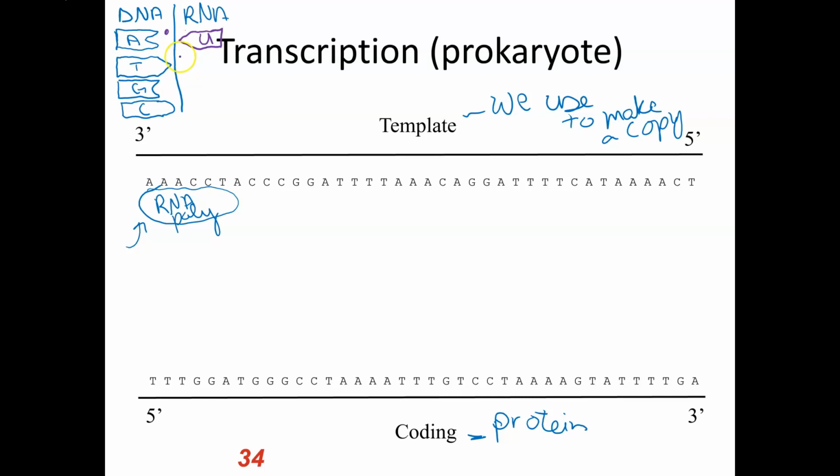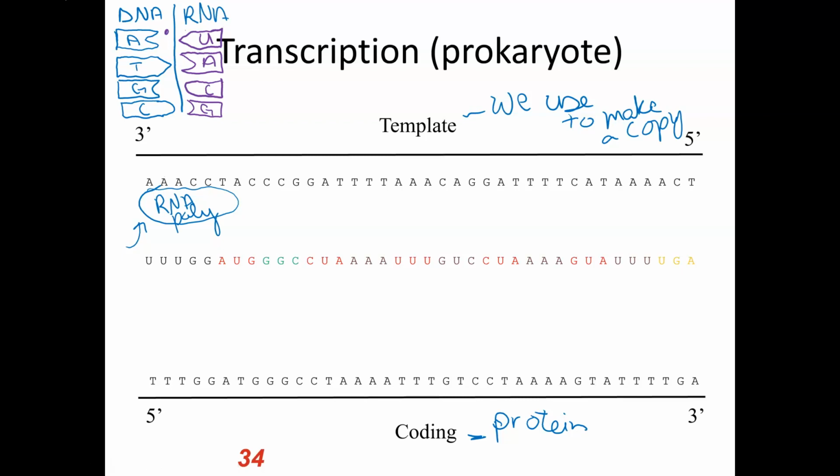If you have a thymine in the DNA, you're going to have adenine. If you have a guanine in DNA, you're going to have a cytosine. And if you have a cytosine in DNA, then you have a guanine in RNA. So the RNA nucleotides are complementary. The major difference is that in DNA we have thymine, in RNA we have uracil. So let's look at what that looks like.